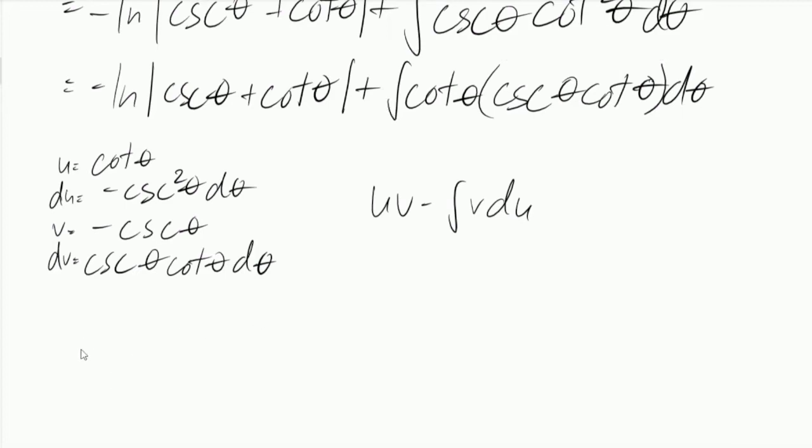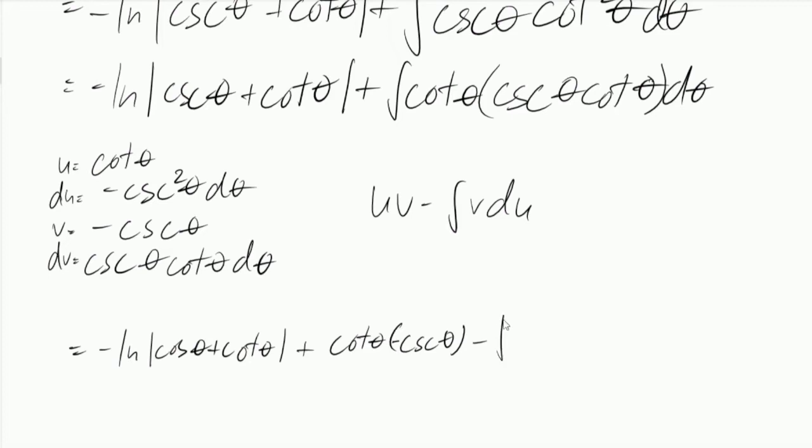So copy this first, negative ln cosecant theta plus cotangent theta, plus, and then uv, which is cotangent theta times negative cosecant theta, minus integral of negative cosecant theta times negative cosecant squared theta d theta.